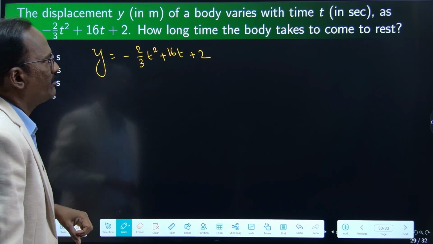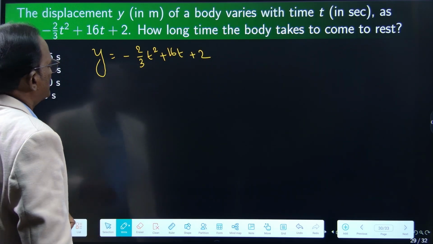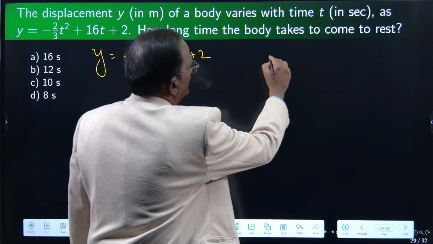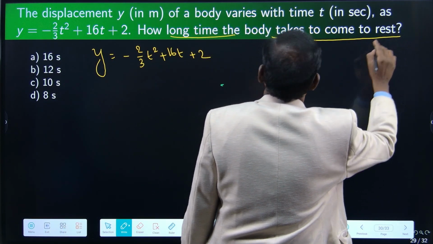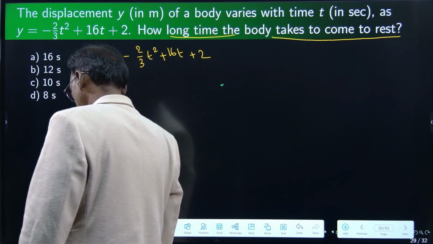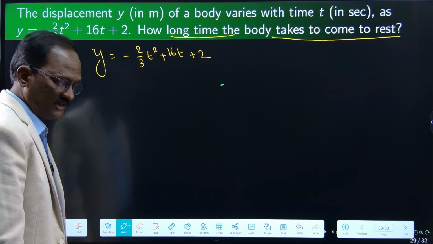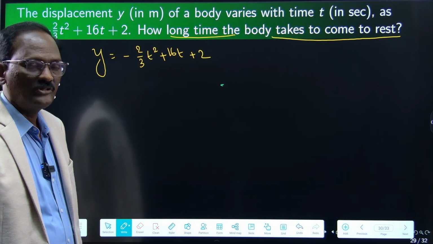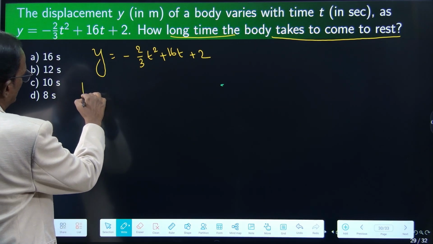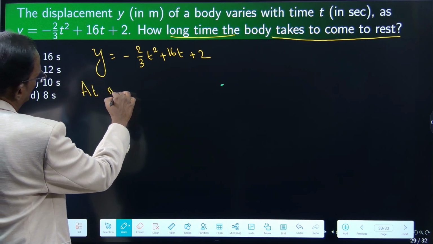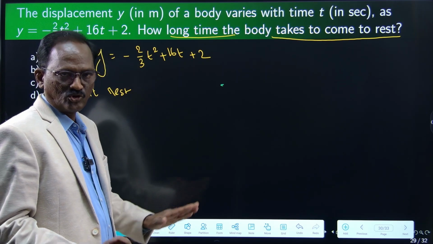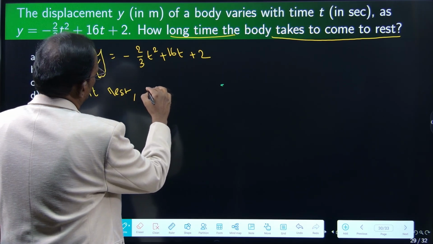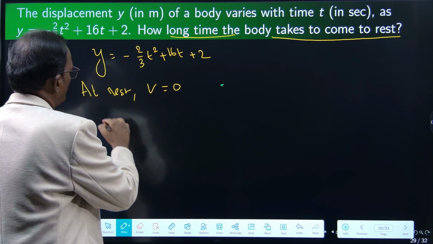How long time will the body take to come to rest? At rest means the body will not move, motionless. So at rest, velocity will be 0.